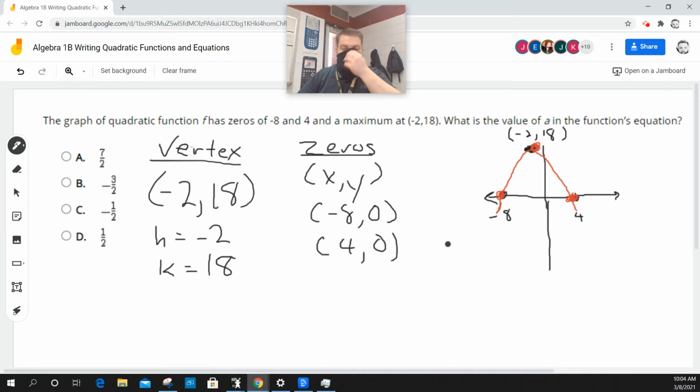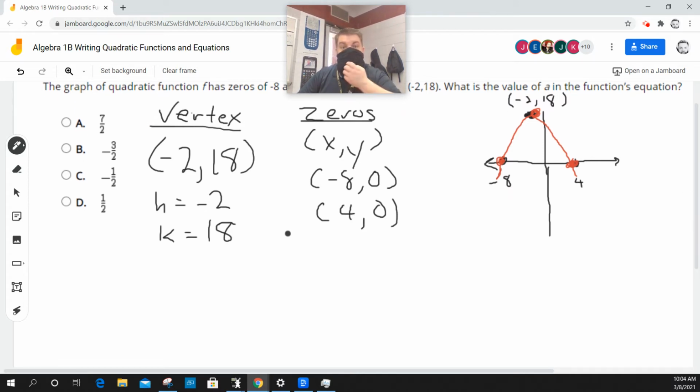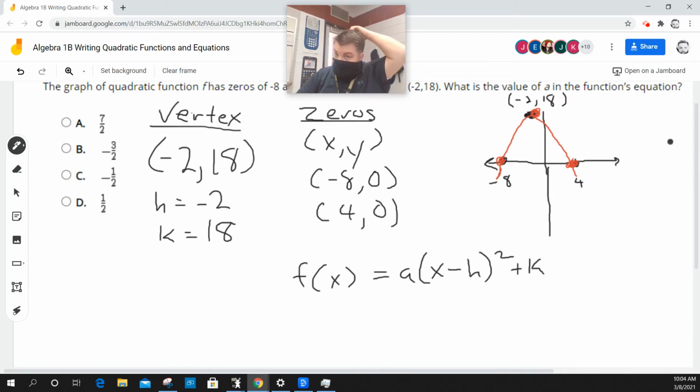That's what they give us. I have a point and I have a vertex, so I'm going to say that f of x is equal to a times the quantity x minus h squared plus k. And they want to know what a is.